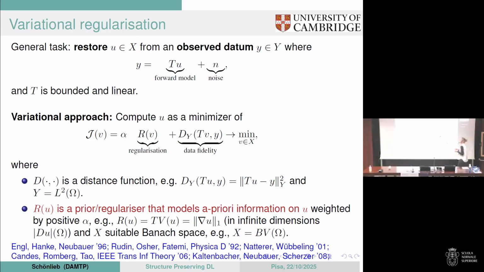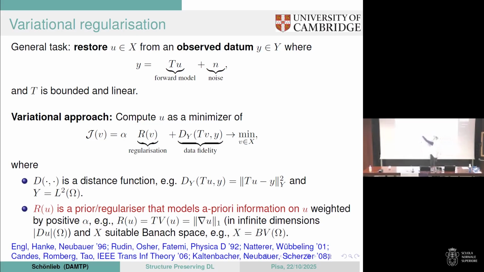So what people do is to try to approximate a solution to this equation by a minimizer of an energy functional that usually consists of two parts. I kind of alluded to this already on the previous slide. You have a regularization term that is weighted by a positive scalar alpha that determines how much you want to regularize, how much you want to impose.